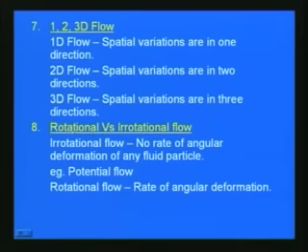And in the eighth classification, we have already seen rotational versus irrotational flow. In irrotational flow, there is no rate of angular deformation of any fluid particle. For example, potential flow can be considered irrotational flow, and in rotational flow, there is a rate of angular deformation with respect to the fluid flow.